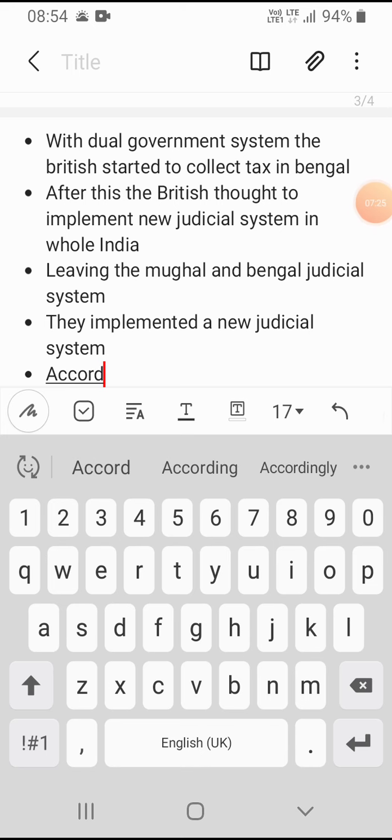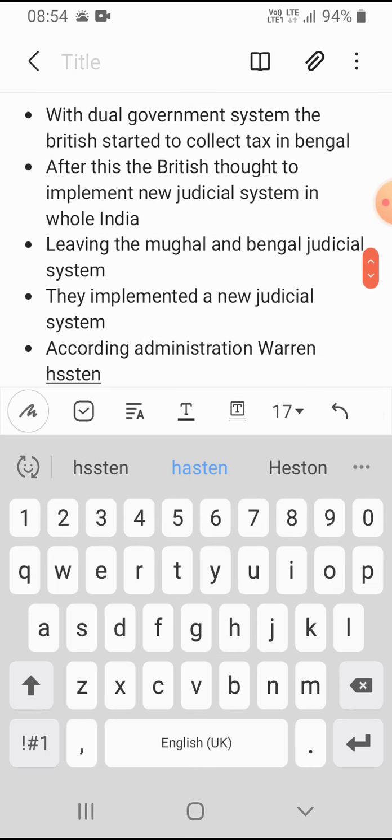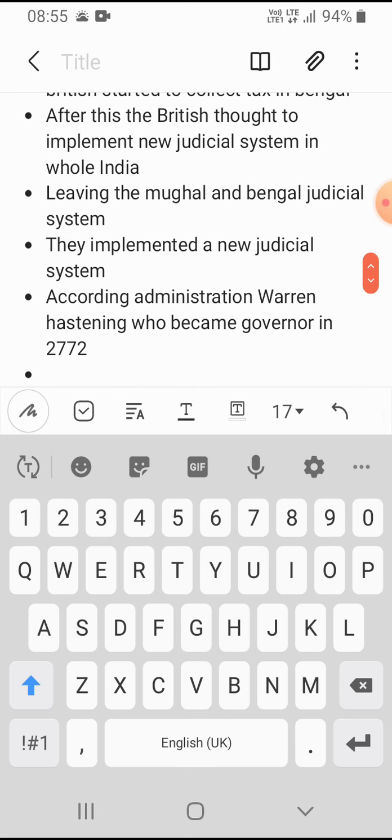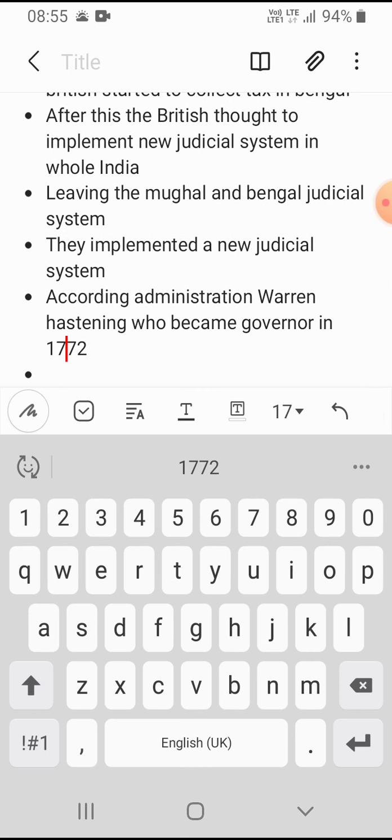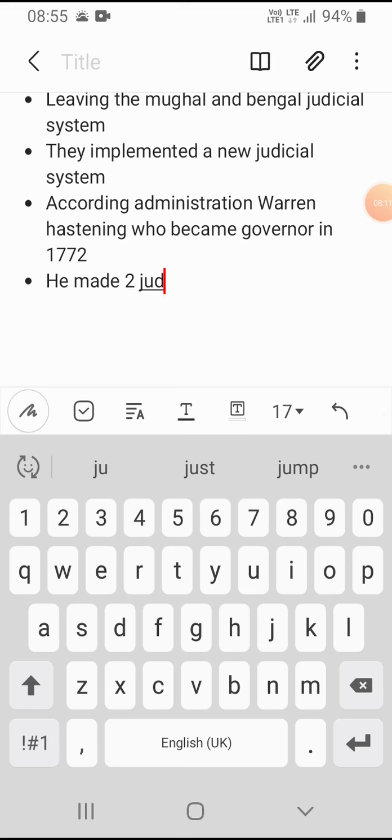After this, in administration, Warren Hastings, who became governor in 1772, made two judicial systems.